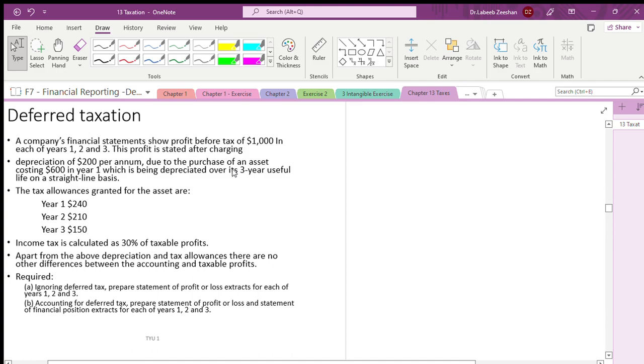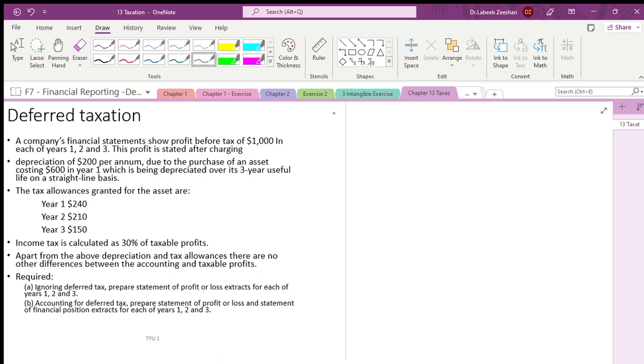What it says: a company's financial statement shows a profit before tax of 1000 in years 1, 2 and 3. The profit is stated after charging depreciation of 200, due to the purchase of an asset of 600 in year 1, which will be depreciated over 3 years' life on a straight line basis.